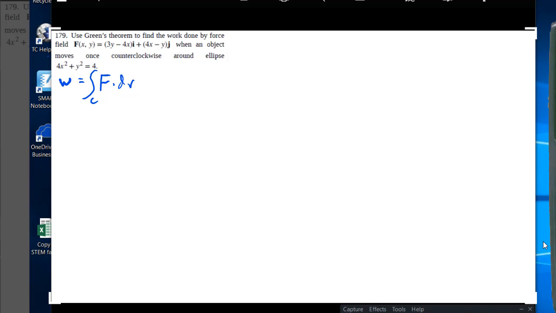Now our curve, the ellipse, being 4x squared plus y squared equals 4, means that we've got x squared over 1 and y squared over 4 equals 1.